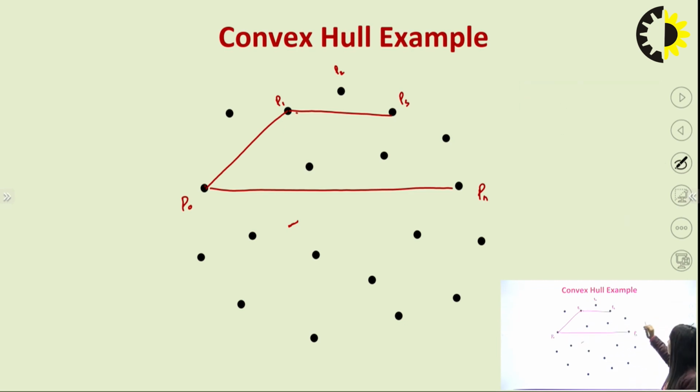Again, see, if I connect this point and mark it as P2, P3 and Pn, I am just taking the upper half of the plane and finding the convex hull.